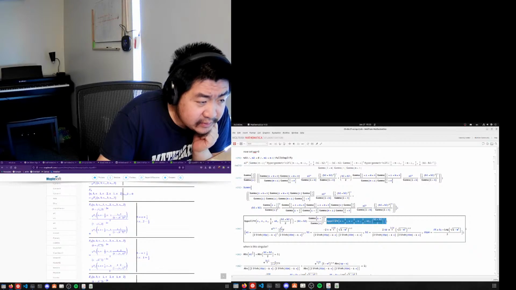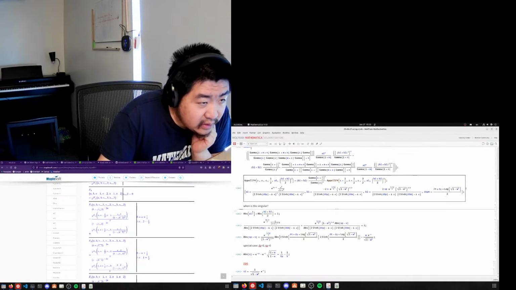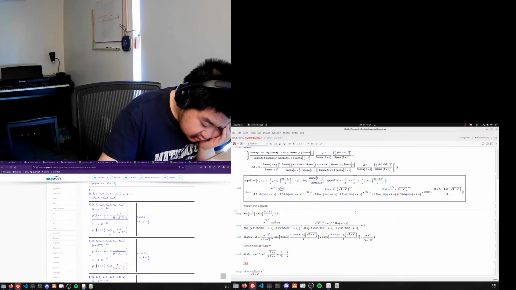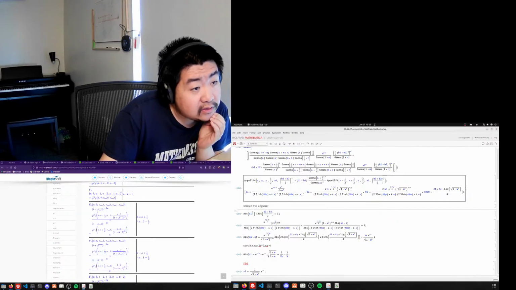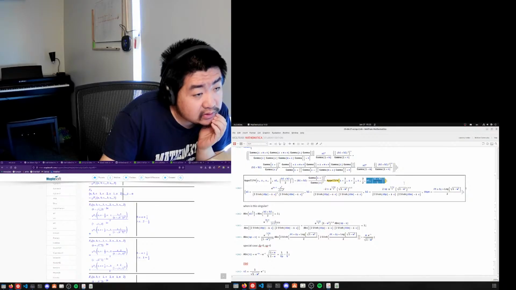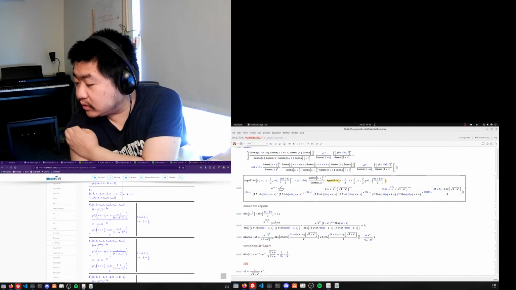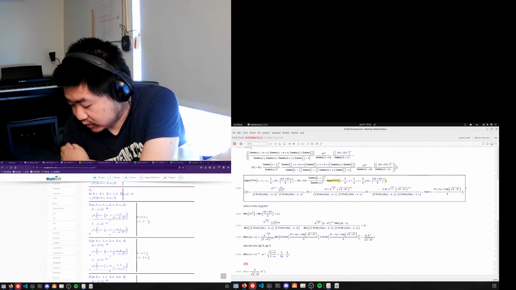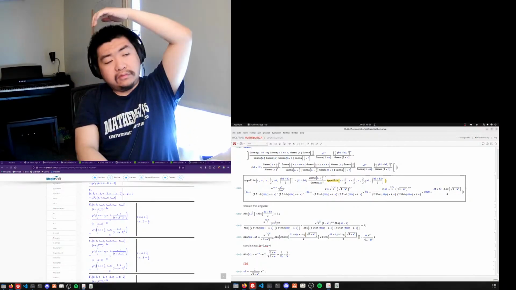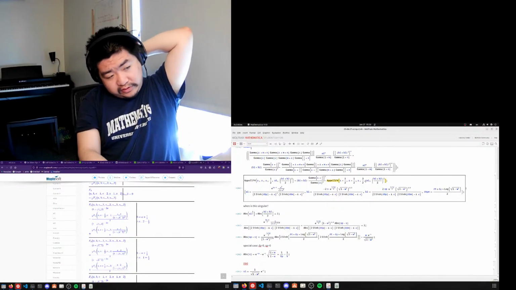Mathematica seems to have some bugs, but in any case, you have the singular locus, right? And you can just parameterize the singular locus and see for yourself. Okay, this is good. This is very good.